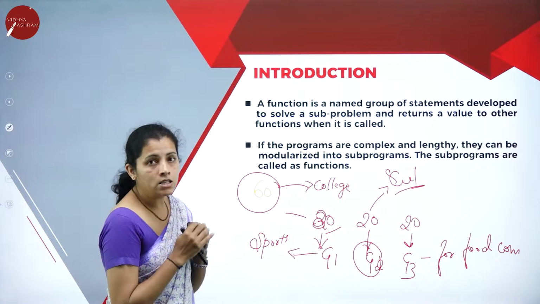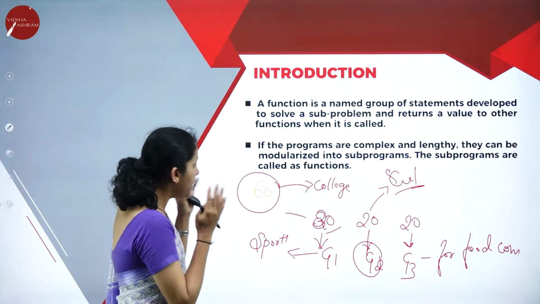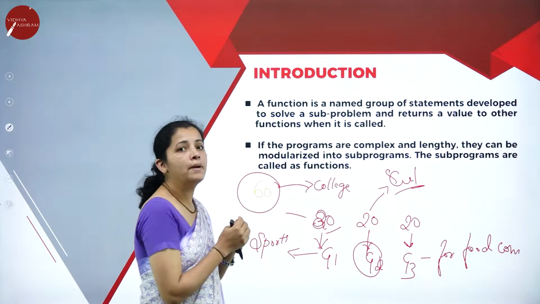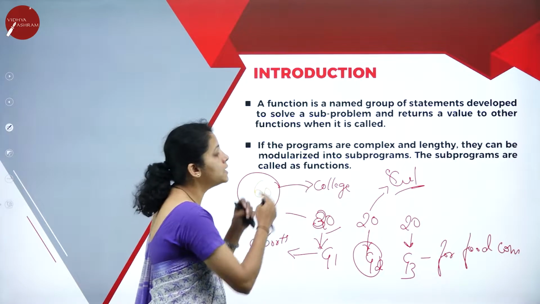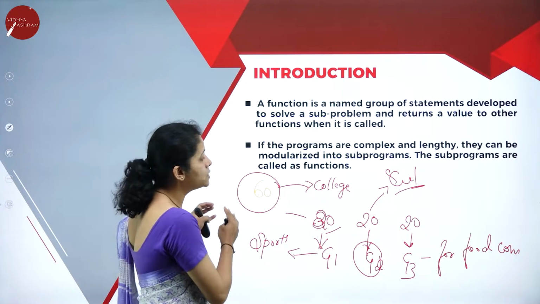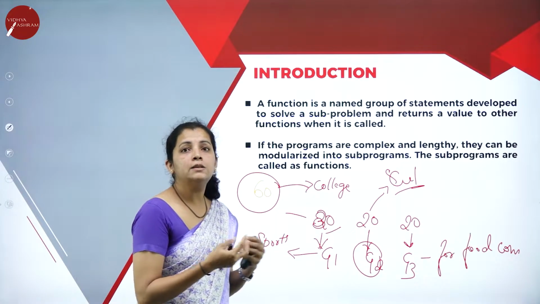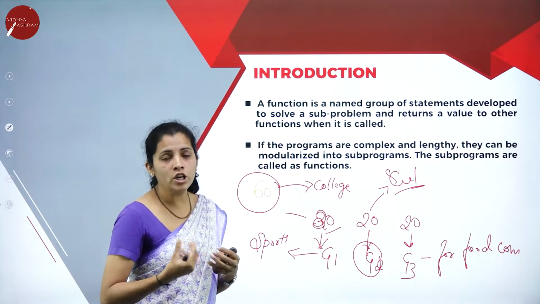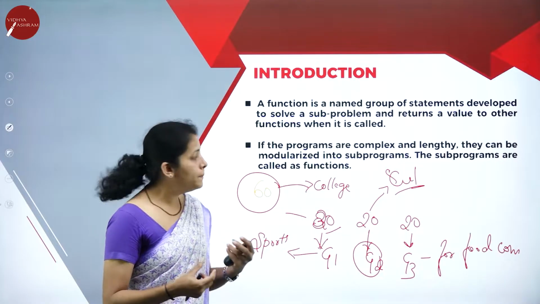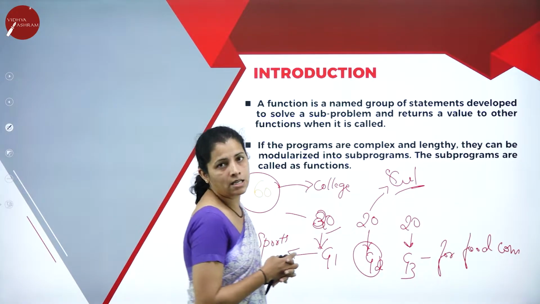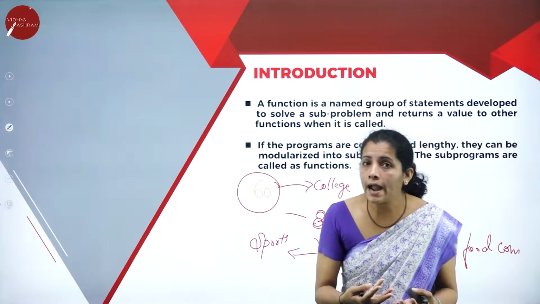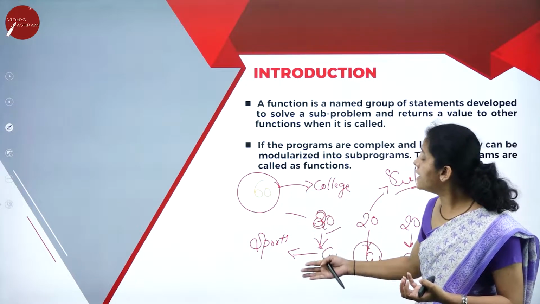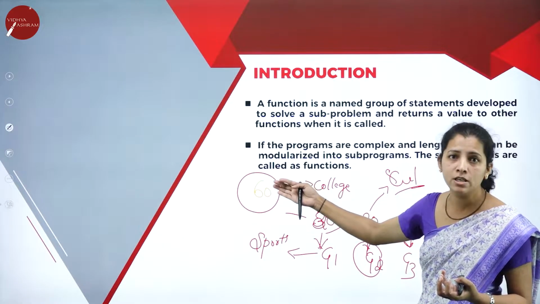Now think of another situation: if I tell all the 60 members to concentrate on sports as well as cultural activity as well as food committee, is it possible to organize the college day properly? No, because there is no work transparency and all the things are clumsy. It's very difficult to manage all 60 members together.